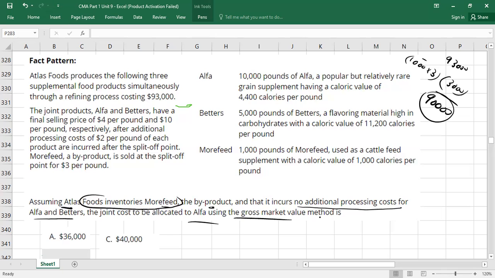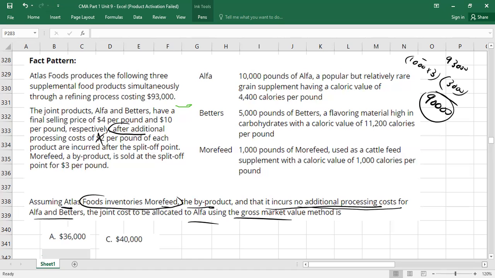At split off, it means you will not incur further processing cost now. That's why he told you, if it incurs no additional processing cost. Where is the additional processing cost? Here is the additional processing cost. Ignore these two also now. You have to apply which method? Gross market value, meaning sale value at split off.